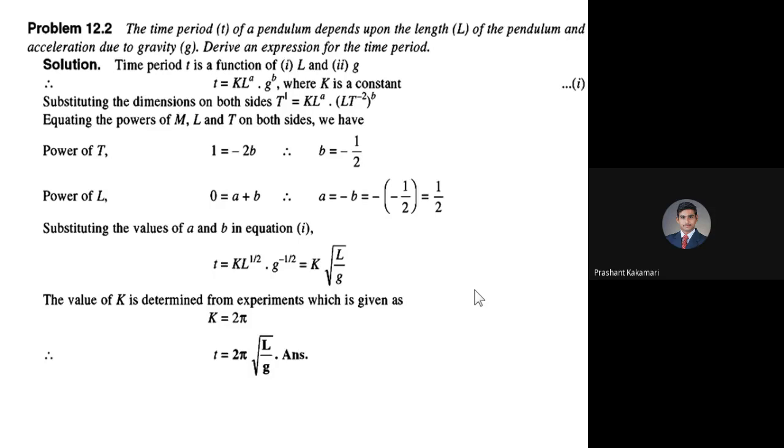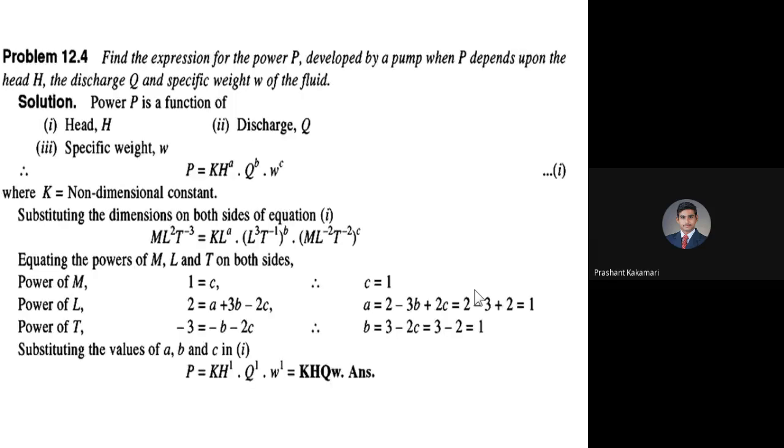If you don't know, you can keep k into square root of L by g. Similarly here also you can see, power is directly related with respect to HWQ or HQW. The constant is a proportionality, or it tells us that if any value is multiplied with the dimension, there is no change in the values or fundamental quantities. So that k is taken.